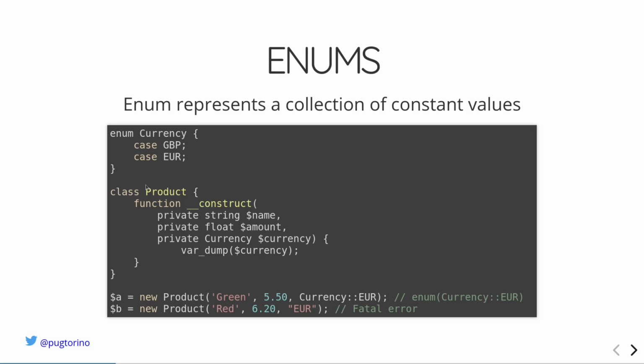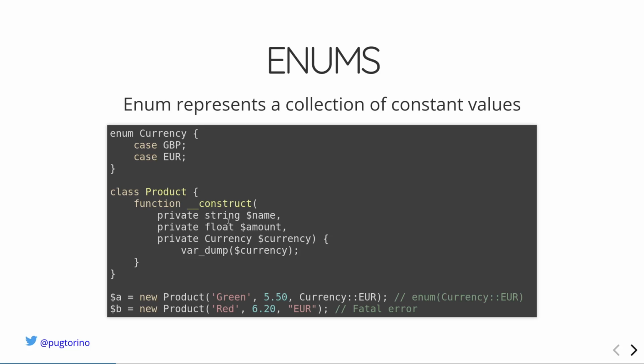So let's try to do something with this enum. For instance we can create a class Product that has a constructor with three parameters. The first parameter is name, a string, and it's a private one. Here we are using the feature of 8.0, constructor promoted parameters.